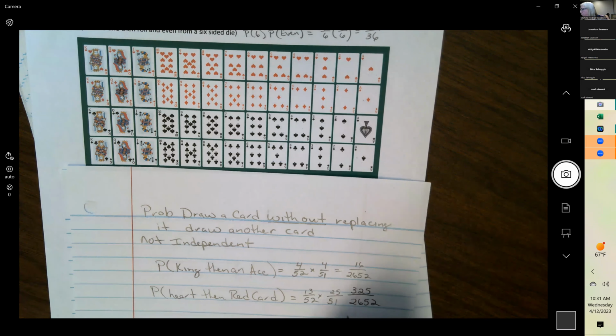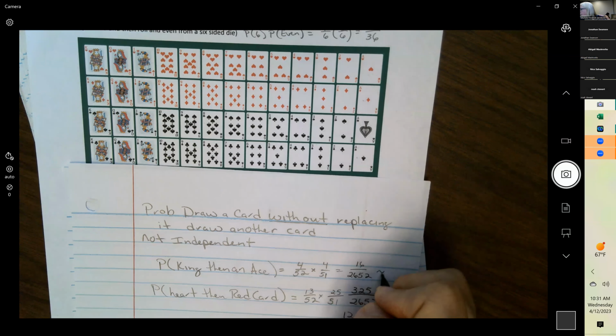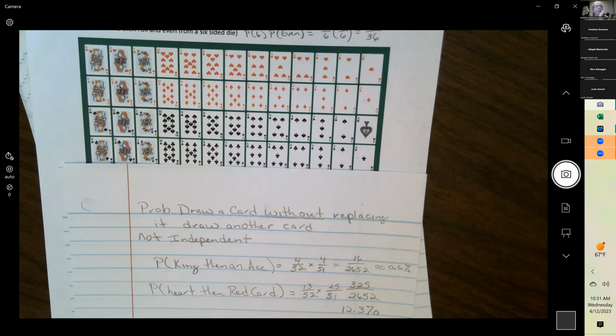This one I got 12.3%, and still not a whole percent. But any questions?